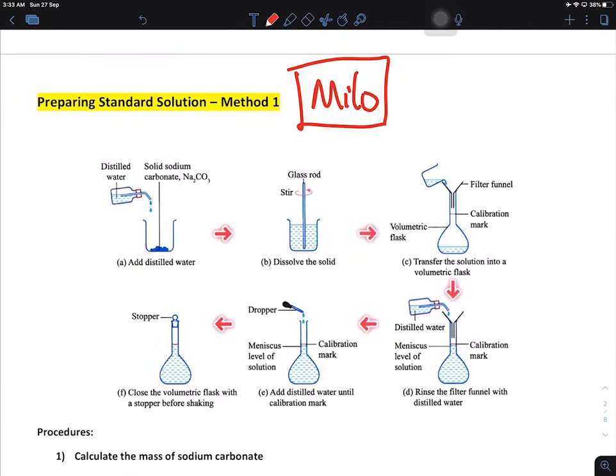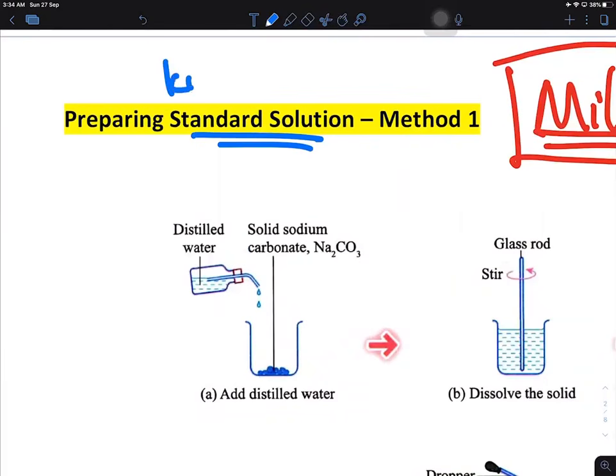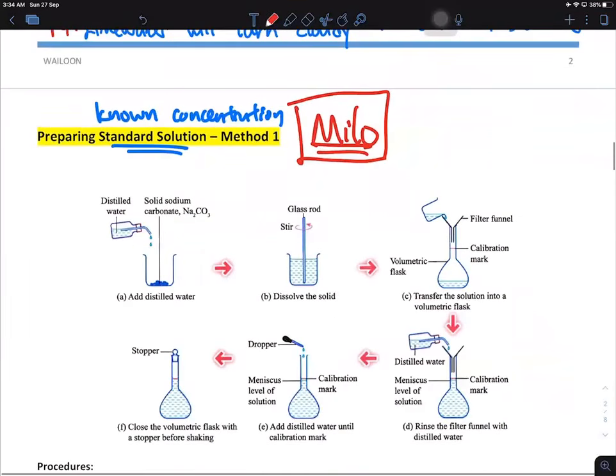So to make a cup of Milo, let me explain a few terms, okay? Standard solution. Standard solution means a solution with a known concentration. That means when I give you a solution, you are able to tell the exact concentration. Let's say a bottle like this in the lab that you see with a labeling 1.0 mole per dm³.